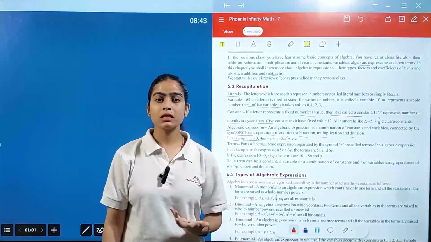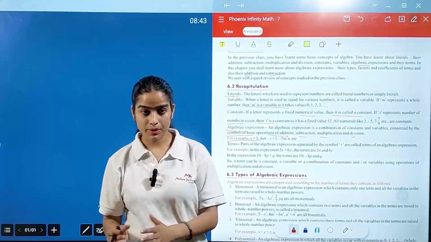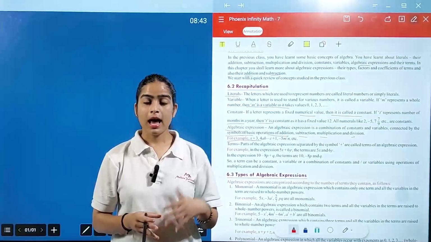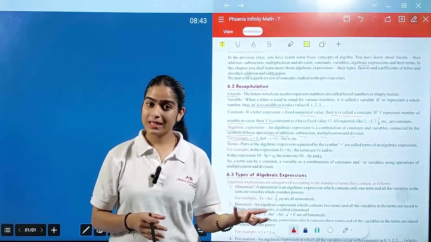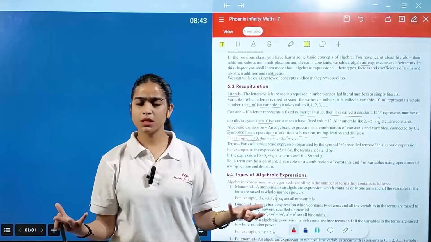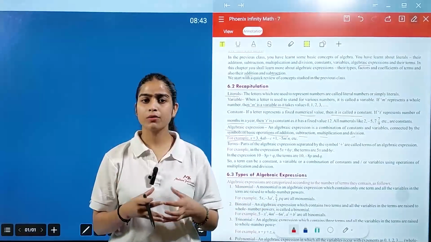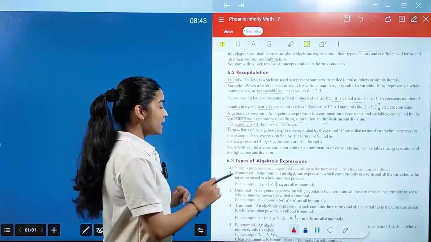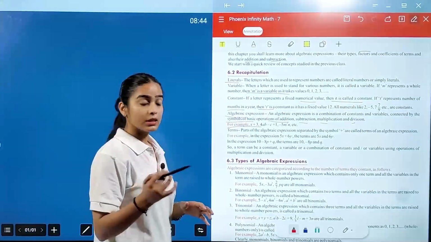Algebraic expressions means that we are using our numbers and alphabets together with the help of our operations. We connect them together with the help of operations. That is why I call it an algebraic expression. In algebraic expressions, we deal with terms.